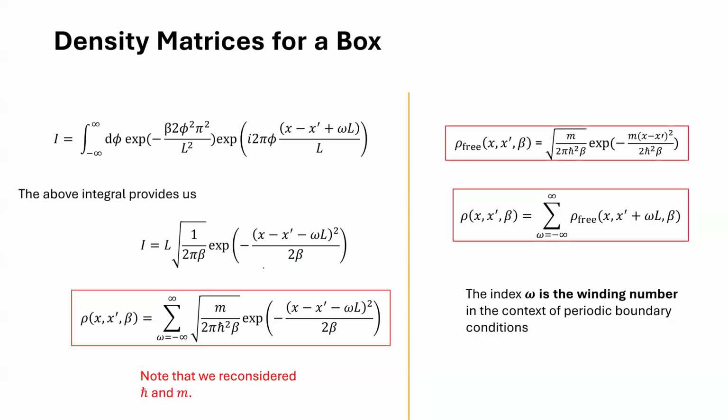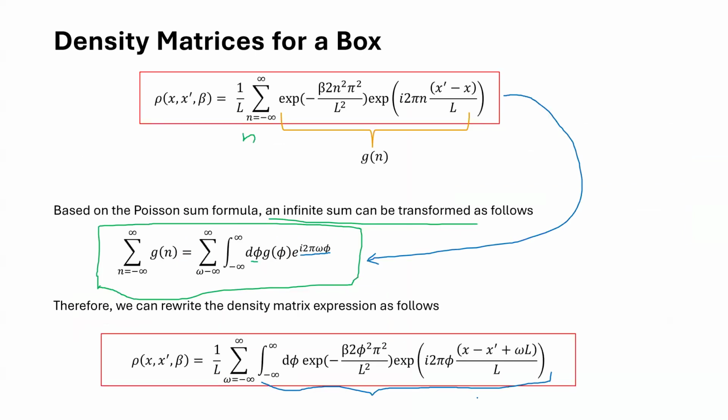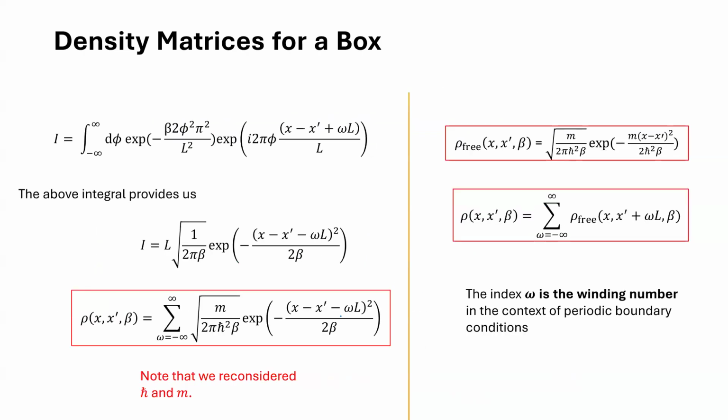Then we can substitute this integral with this solution, and we have a more simplified version of the density matrix expression in terms of the winding number omega.